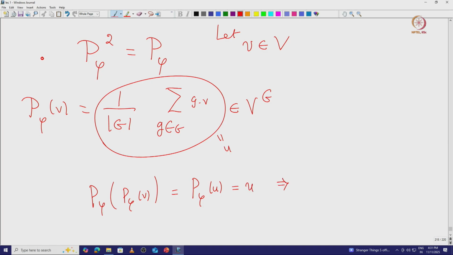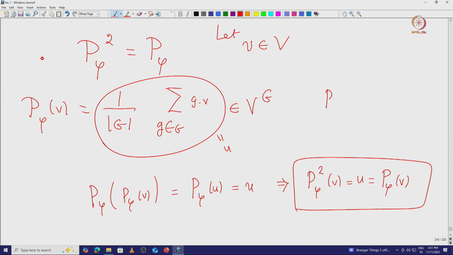So, this implies that P phi square applied on v is exactly u, which is nothing but P phi v. So, that means this P phi square is exactly P phi. So, that means this is indeed a projection.